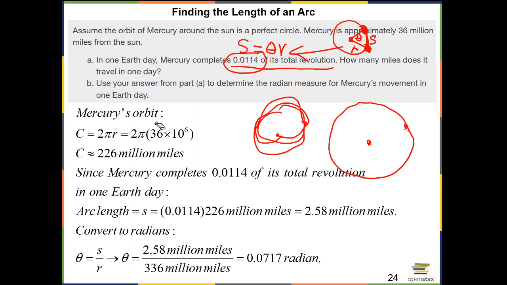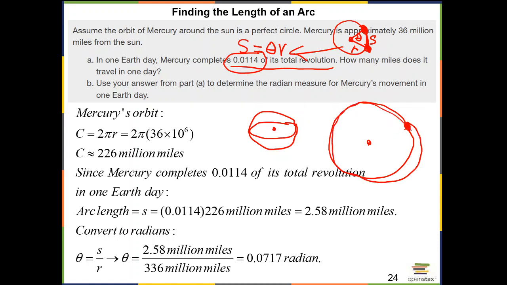So we know Mercury's orbit, so the Earth day is when the planet Earth rotates one time, right? But Mercury goes around the sun here, right? We assume it's a circle. And when 1 day passes on planet Earth, how much of this orbit does Mercury actually travel? That's the question. So all we have to know is this theta in radians and this radius.